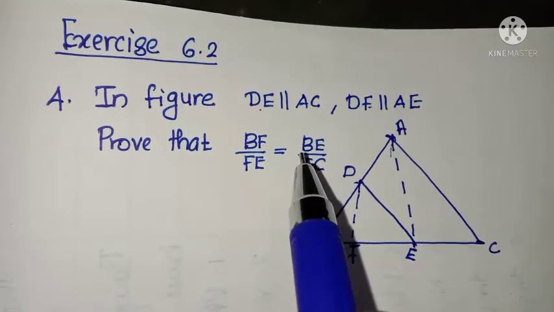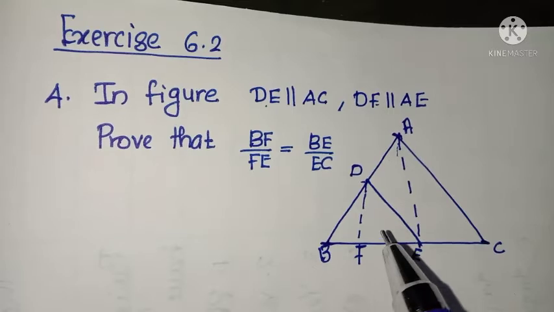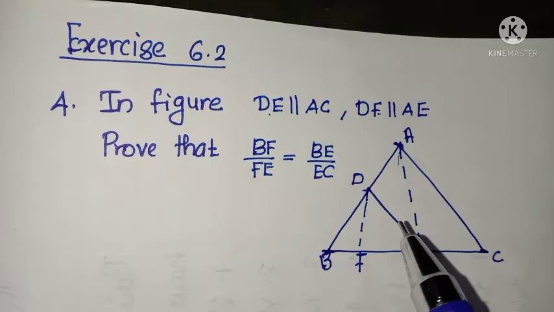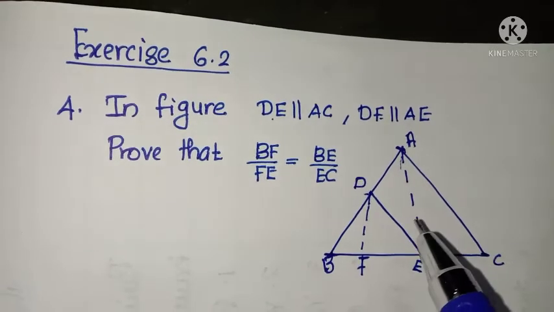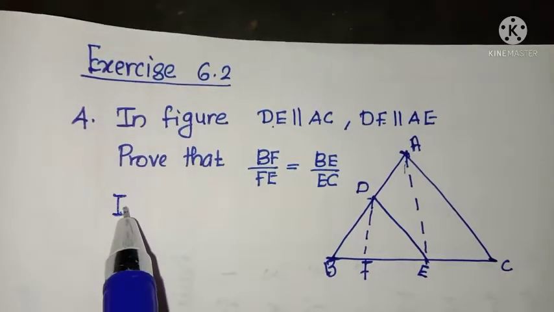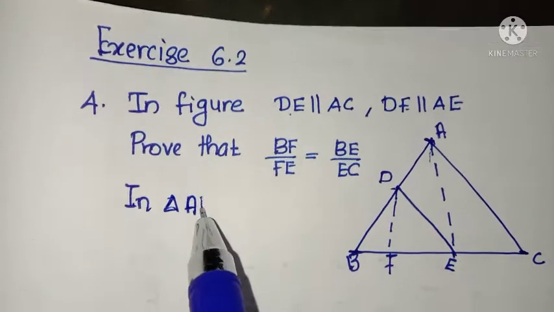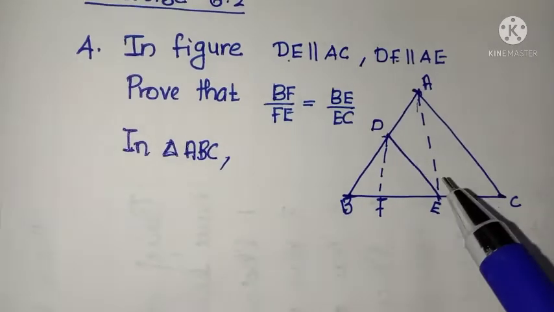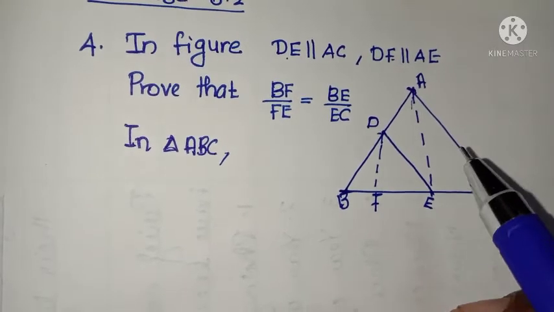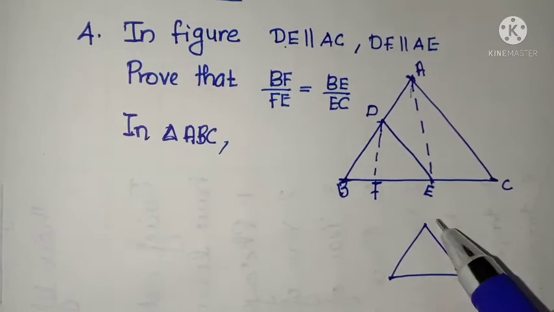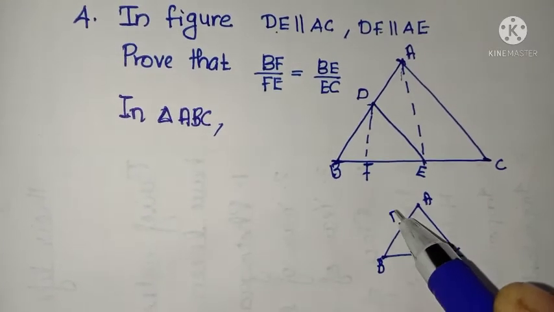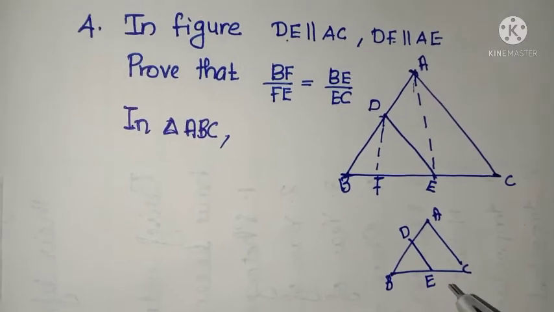Now to prove BPT, we have to select the triangles. So select the triangles in which we have parallel lines. Listen, if we take the triangle ABC, look at the figure. In triangle ABC, can you see any two parallel lines? Yes, DE and AC.